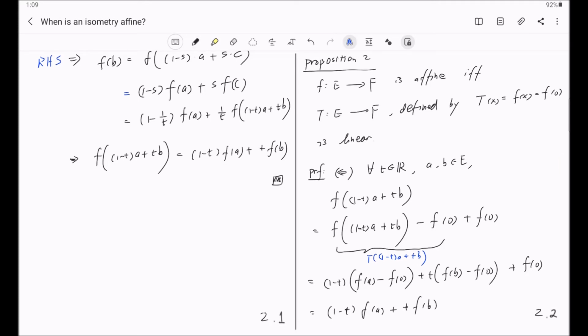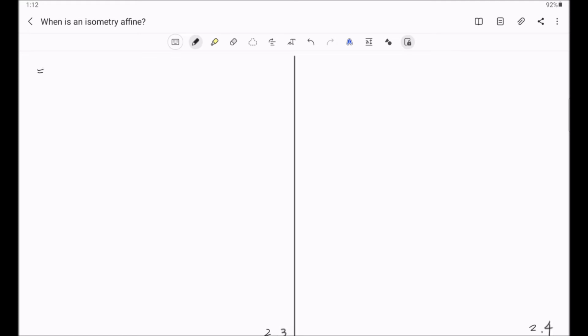As I said earlier, the forward direction might be a little bit tricky. We start with the affinity of f and want to prove the linearity of this T, which is a translation of f by f of 0. And we are going to start with just a definition. For the forward direction, let us take any lambda in R and x, y in E. So let us first look at T of lambda x.